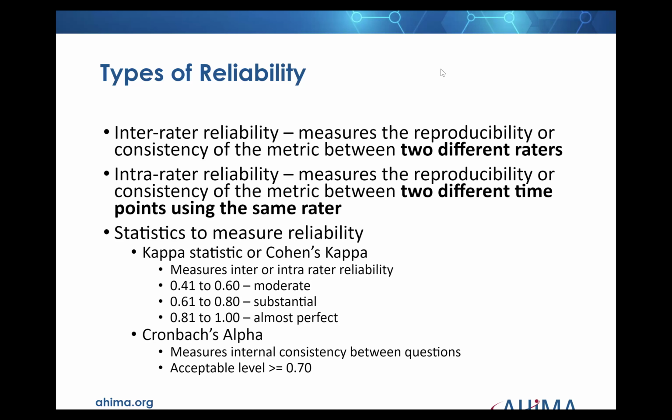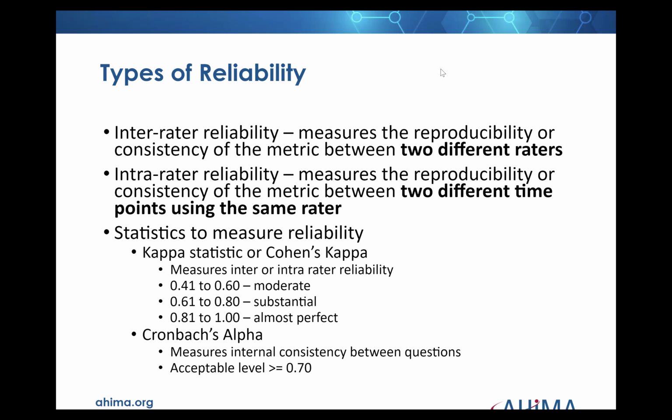The intra-rater reliability is talking about something similar, but we're talking about reproducibility, in other words, consistency of the measurement over two different time points using the same rater. So two different reviews. And then we have statistics that measure inter- or intra-rater reliability. If you take a statistics class, they'll talk about the kappa statistic and Cohen's kappa and all these other things.